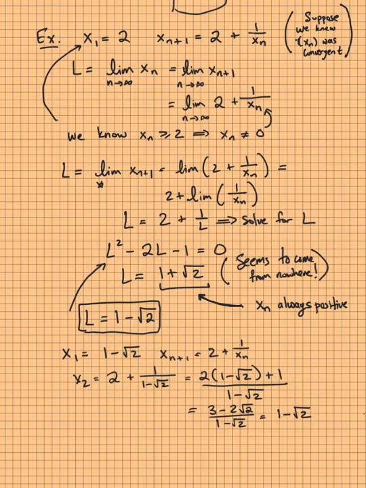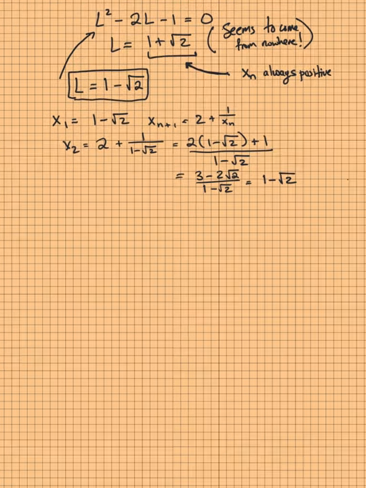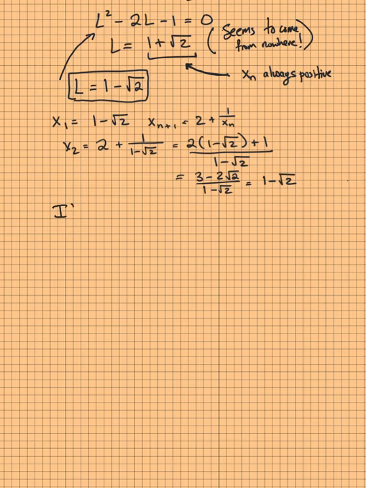So if we had started at 1 minus square root of 2, then the limit would be 1 minus square root of 2. In particular, the sequence would just be a constant sequence.